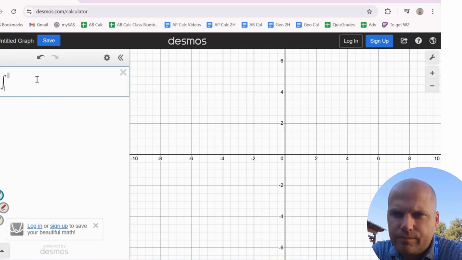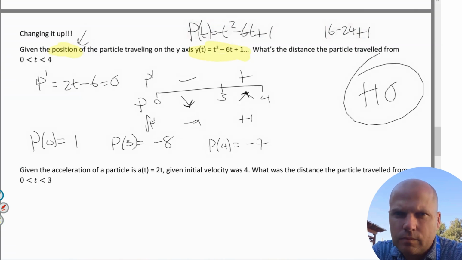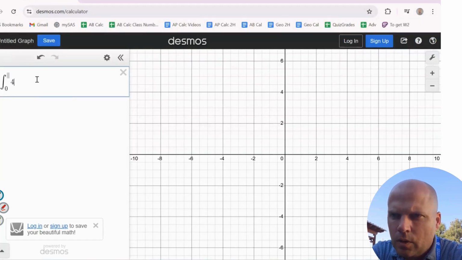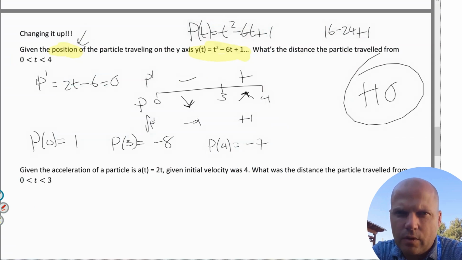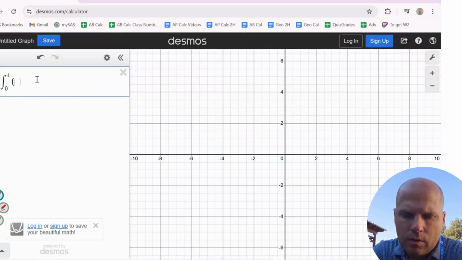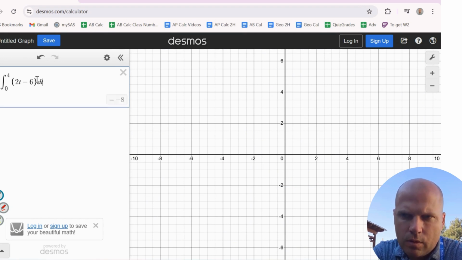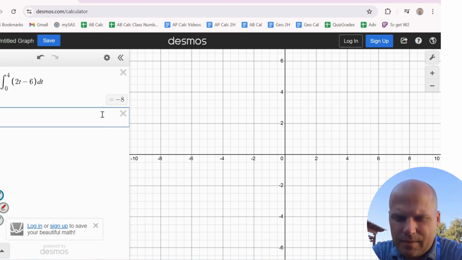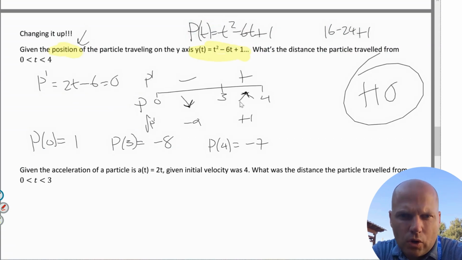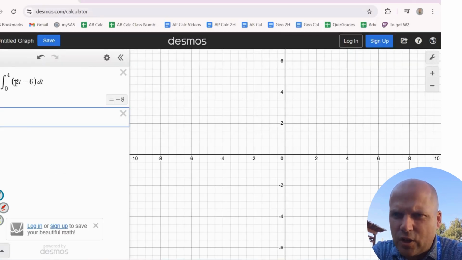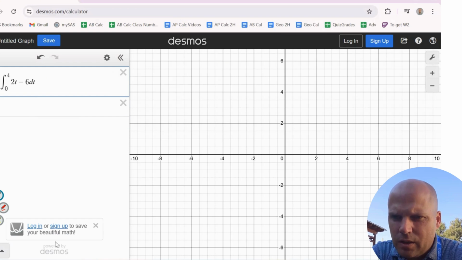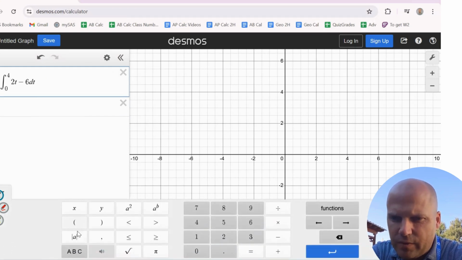And how can I check? What if I accumulated my derivative? Minus 8. Good. What if I accumulated the absolute value of my derivative?